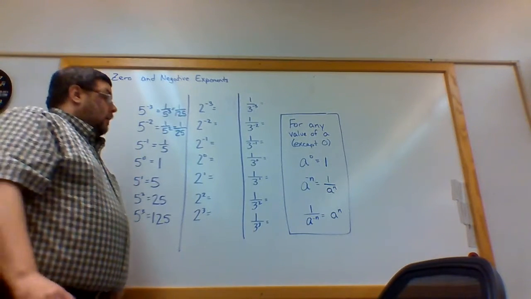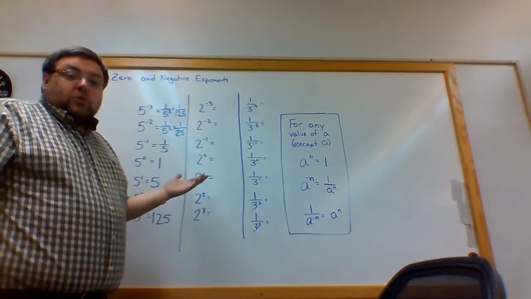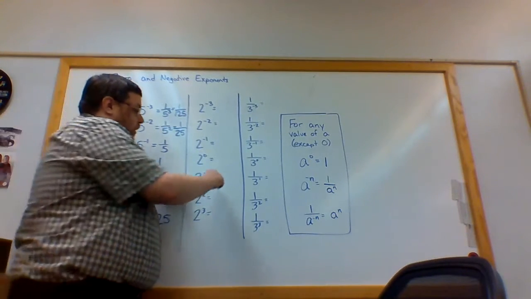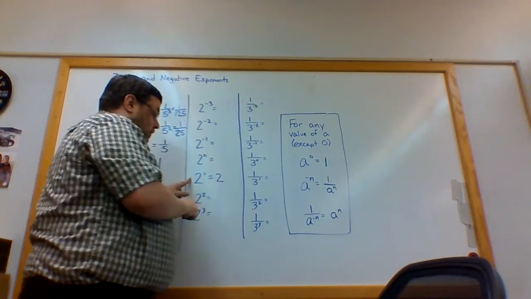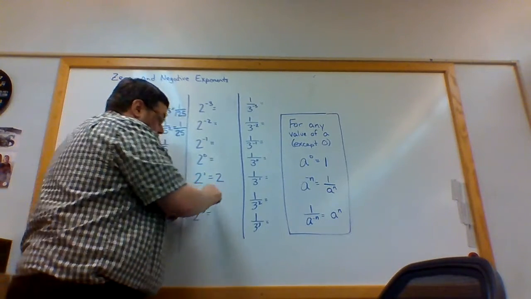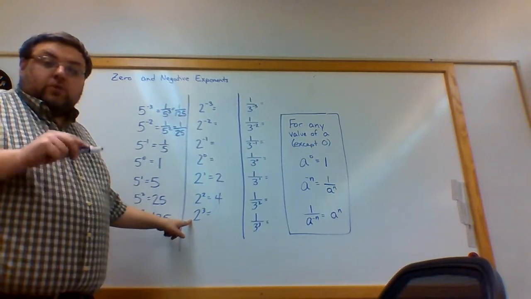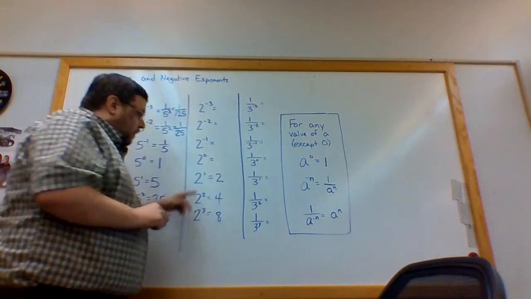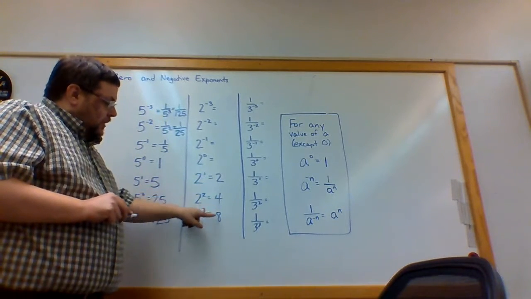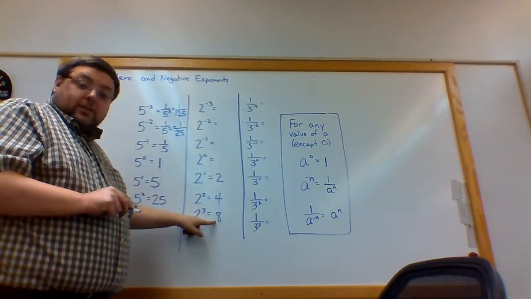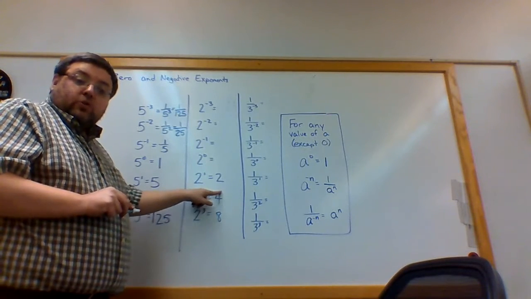Okay, let's look at these 2s. It works pretty similarly. So 2 to the first power, we're going to start there, is just 2. 2 to the second power, 2 times 2, is 4. 2 to the third power, 2 times 2 times 2, is 8. So if I'm moving forward in this list, every step is multiplying by 2. If I move backwards in the list, every step is going to divide by 2.